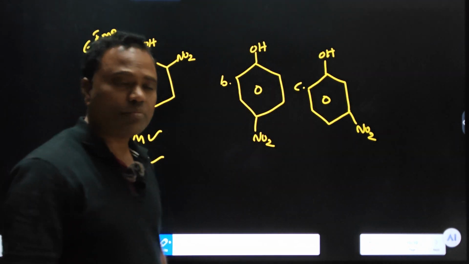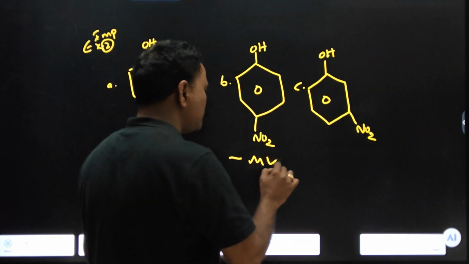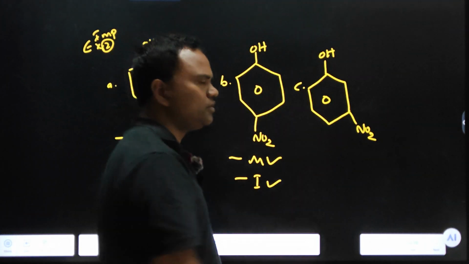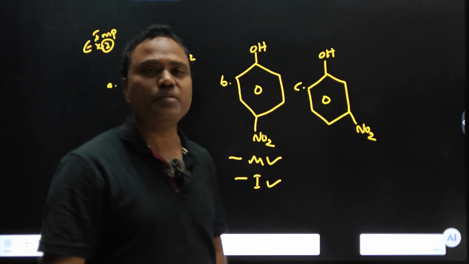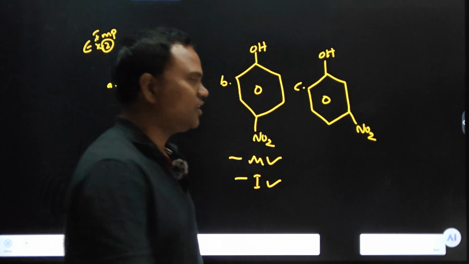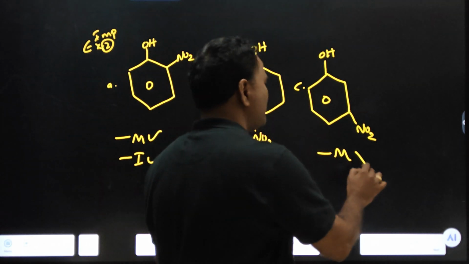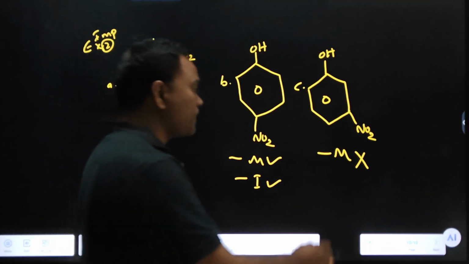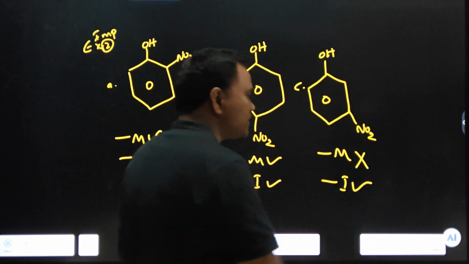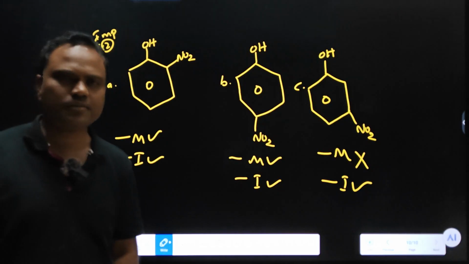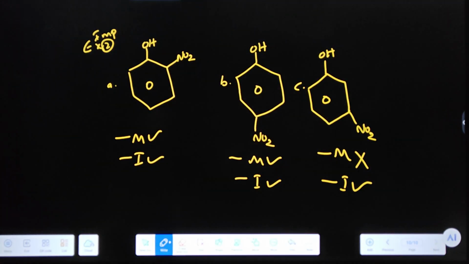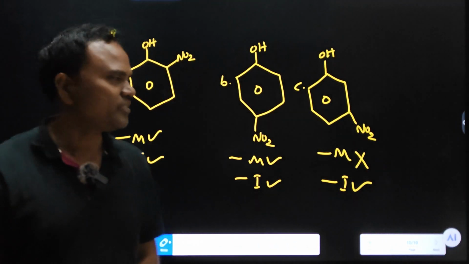Here NO2 is in the para position, so it has minus M and minus I. Here NO2 is in the meta position. In the meta position, minus M does not work, so cut minus M. But minus I is present. Clear?